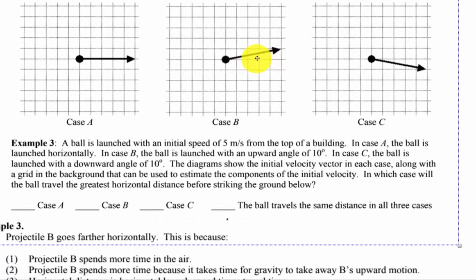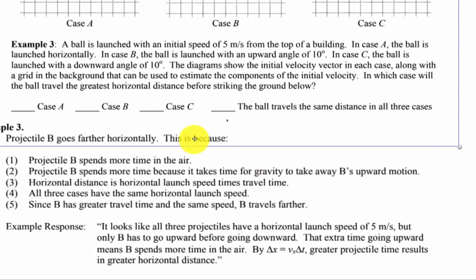The actual velocity, if you take into account the y component as well, would be a longer vector, but the horizontal velocity is all the same. And in this case, since time is more, it will travel a farther delta x than these.